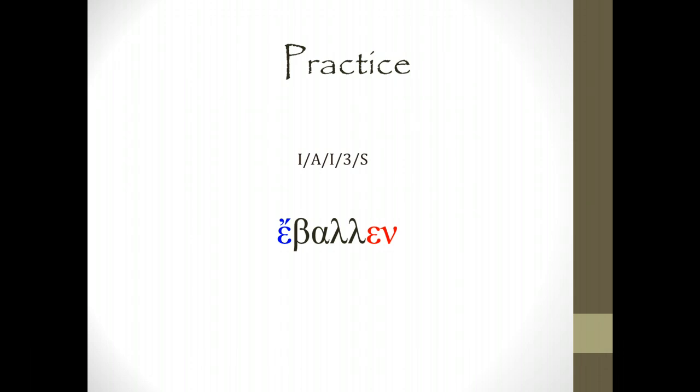Imperfect, active, indicative, third person singular. And my translation, in order to get the imperfect continuous action, is he, she, or it was throwing. Remember to get that word was or were in there when you're translating so that we know that you are dealing with past tense continuous action.